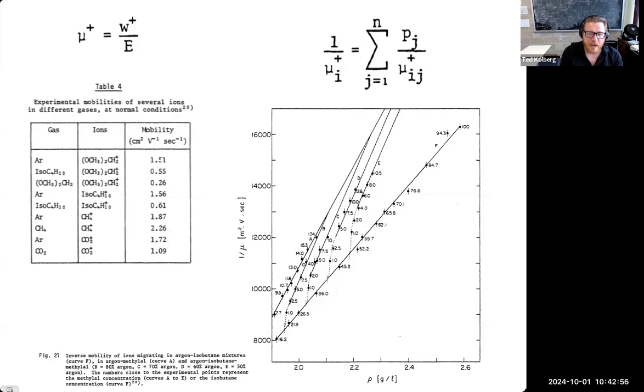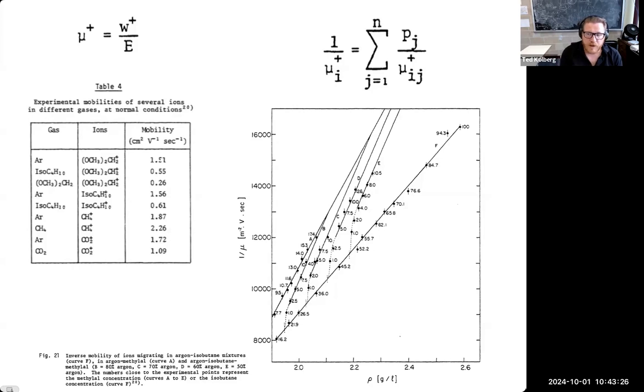For positive ions, the drift velocity turns out to be linearly proportional to what we call the reduced electric field. That's E over P, the electric field strength E divided by the pressure of the gas. It's this ratio which determines how much energy the individual ions are picking up in between each of their interactions with other gas molecules, and therefore is related to the final speed that they attain in drifting through.